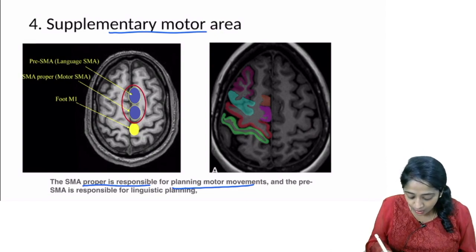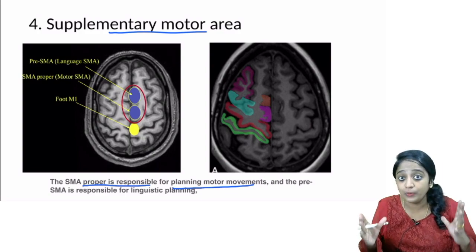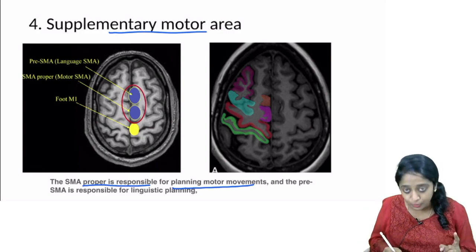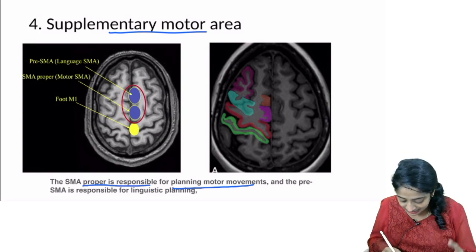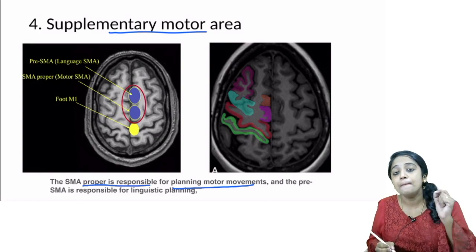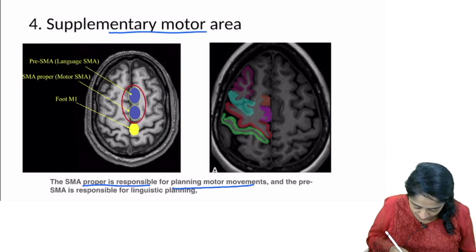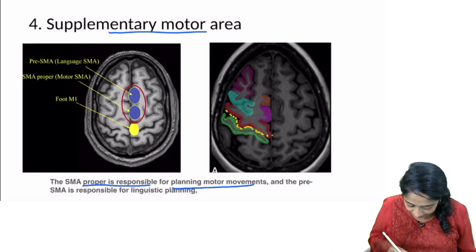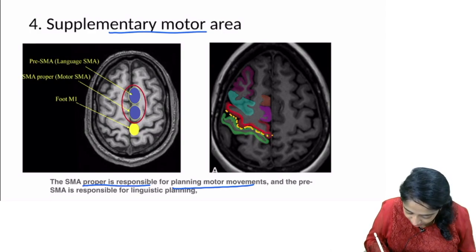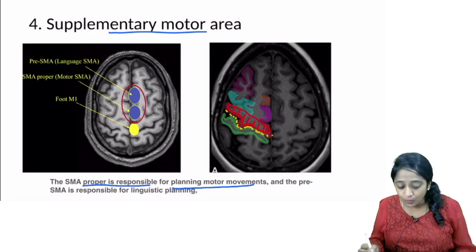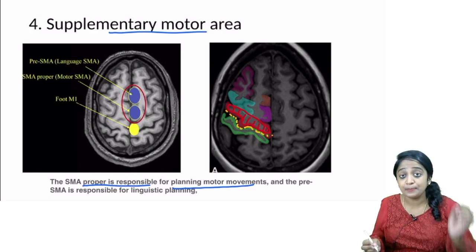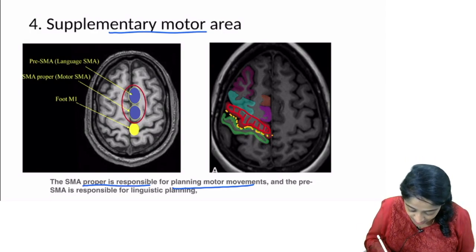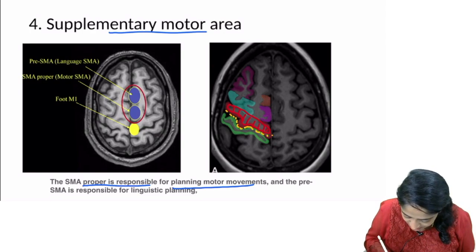Okay, now let us just summarize whatever we have learned so far. First and foremost, we have learned the primary motor cortex. Where is it located? In the precentral gyrus. So first you have to map out what? The central sulcus. Anterior to that you have got the precentral gyrus, which is our primary motor cortex. Now we have to see the primary sensory cortex, which is in the postcentral gyrus just behind.